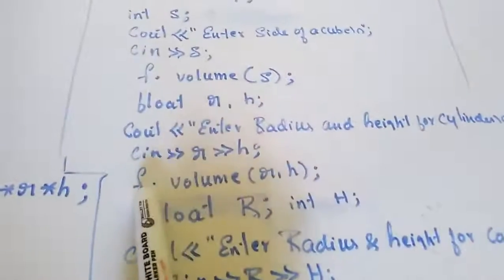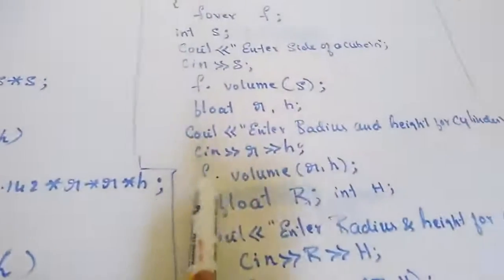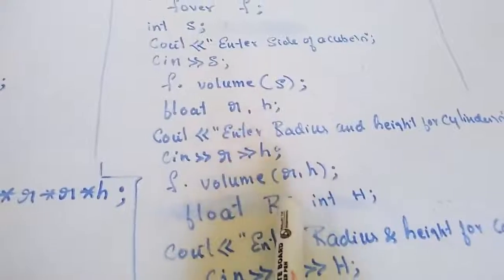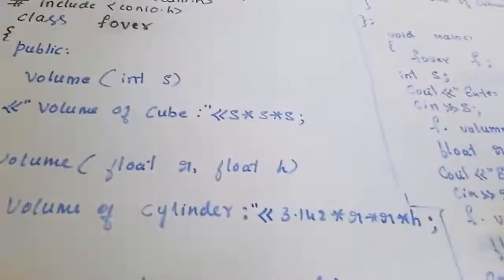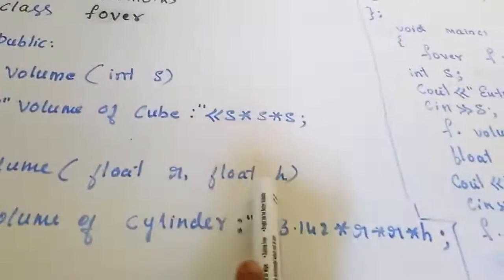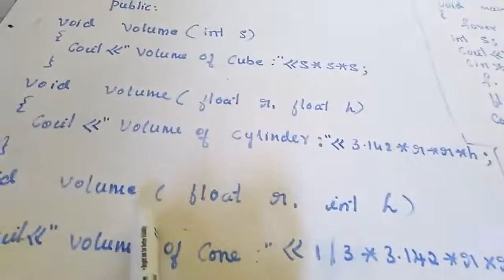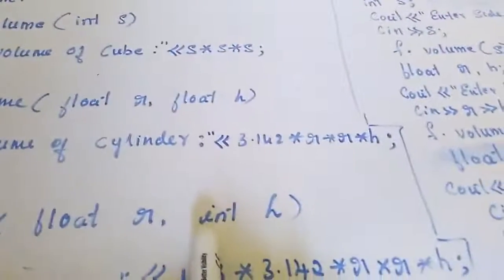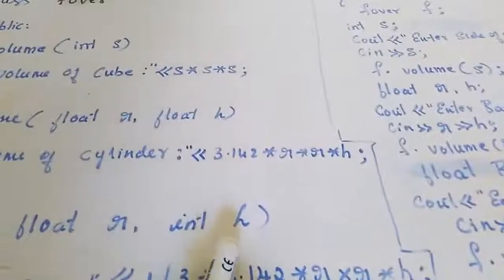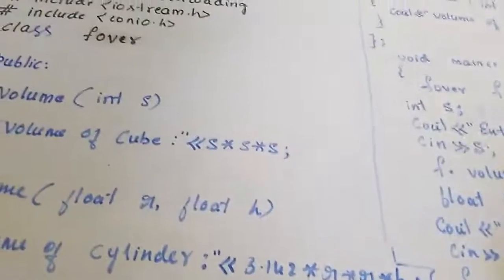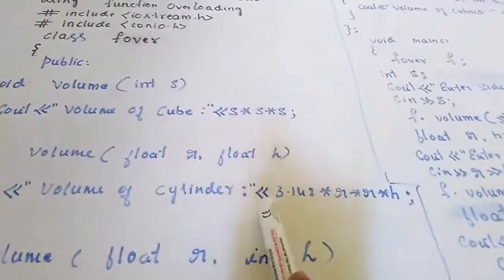After that, f dot volume R comma H. When this function call happens, the control has to execute this function because both are floating type. Here also float. Another function is there. This function name is also volume and it's also taking two arguments, but here one is floating type, another one is integer type. So where is the match here for this function call? This function. So this would be executed properly.